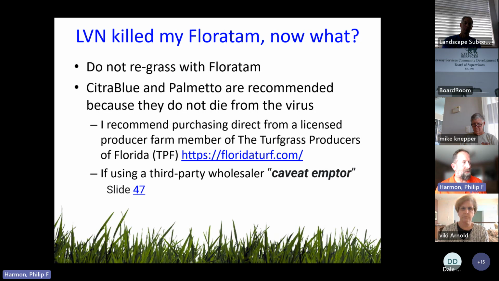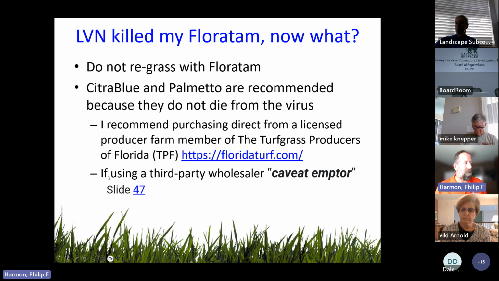And our turfgrass producers of Florida, the TPF folks, have licensed producers and farm members that we can go to that are very knowledgeable. And so we recommend reaching out directly to one of these sod producers and a vertically integrated installer that works with that sod producer to be sure what we're getting is one of these two varieties or a different variety that can be assured is not Floratam.